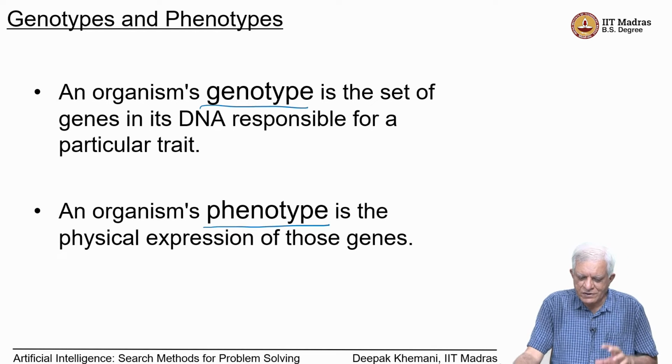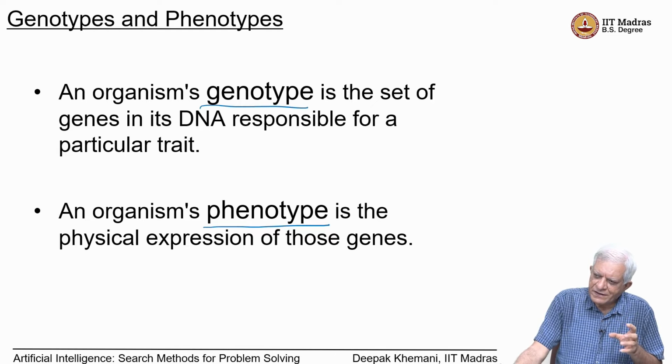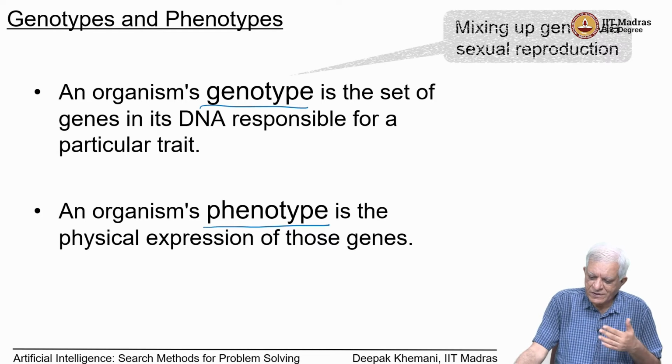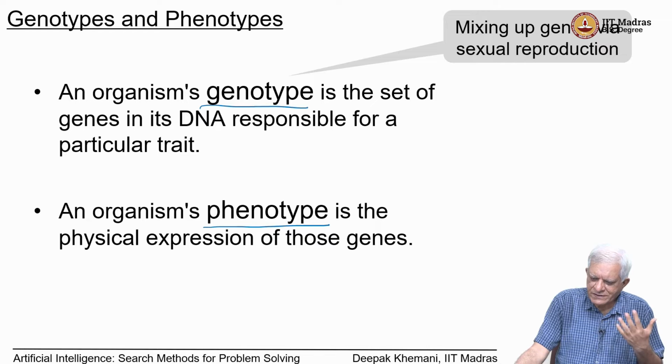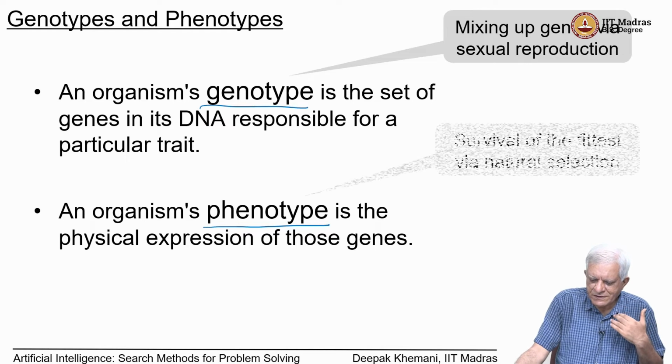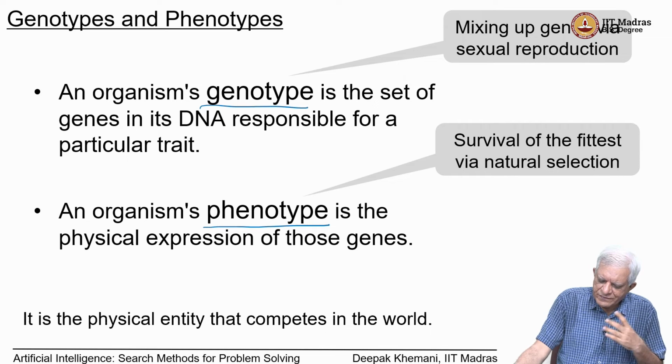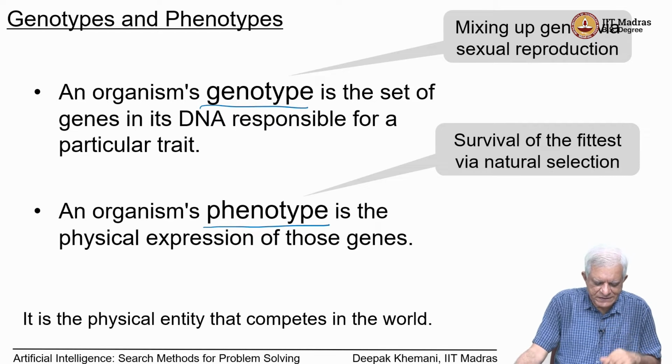So, the mixing up happens at the gene level, but the competition happens at the physical body level, because it is a physical individual which is trying to compete in the real world to survive. So, we mix up the genes and the body that results competes in the real world.